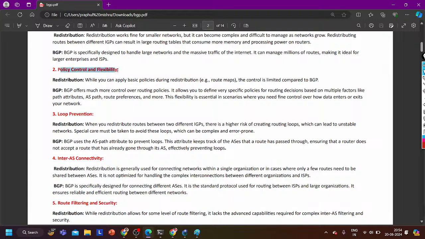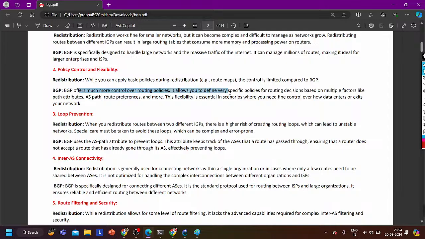Then policy control and flexibility. As I told you, while doing redistribution in IGP, you have very few options. You can add the tag value, you can use the route map, right? But in case of BGP, you will have lots of attributes. While you can apply basic policies during redistribution, like a route map, the control is limited compared to BGP. Even if we can do the redistribution, we have limited control, and BGP offers much more control over routing policies.